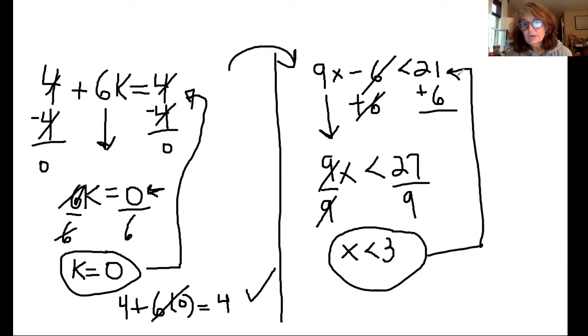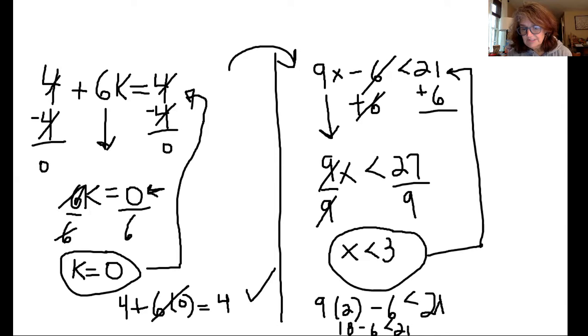So let's pick a number less than 3. How about 2? Let's substitute in 2. 9 times 2, right? We're using 2 for x because we've picked a number less than 3, because x has to be less than 3, minus 6 has got to be less than 21. 9 times 2 is 18, and 18 minus 6 is 12, and 12 is certainly less than 21.